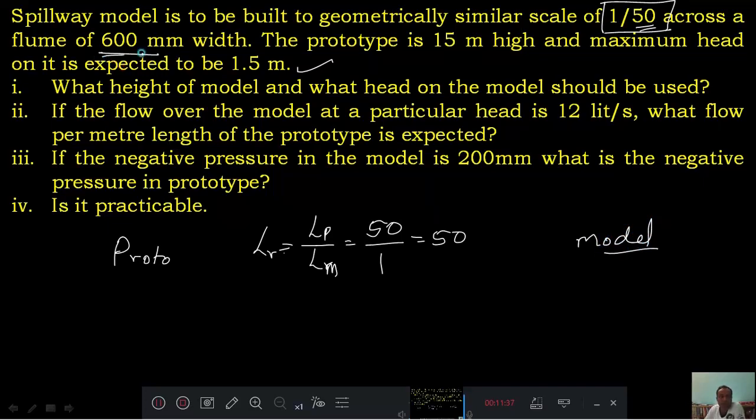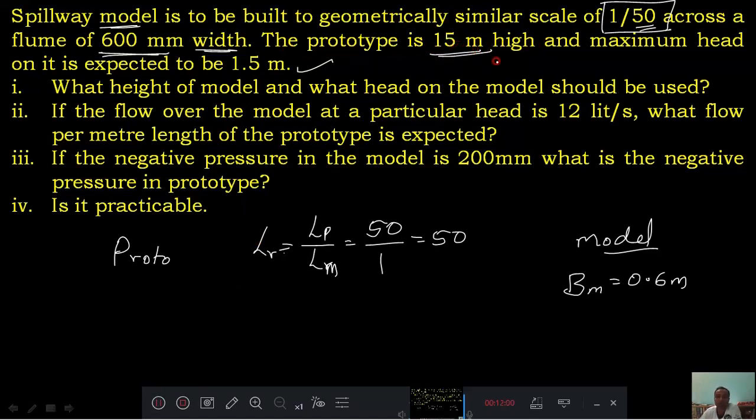And the second data you can see here, 600 mm width is what? Model it is. Therefore 600 mm width is the model. Therefore I will consider it as a width, that is B. I will consider B for the model is 0.6 meter. Here this is a height.